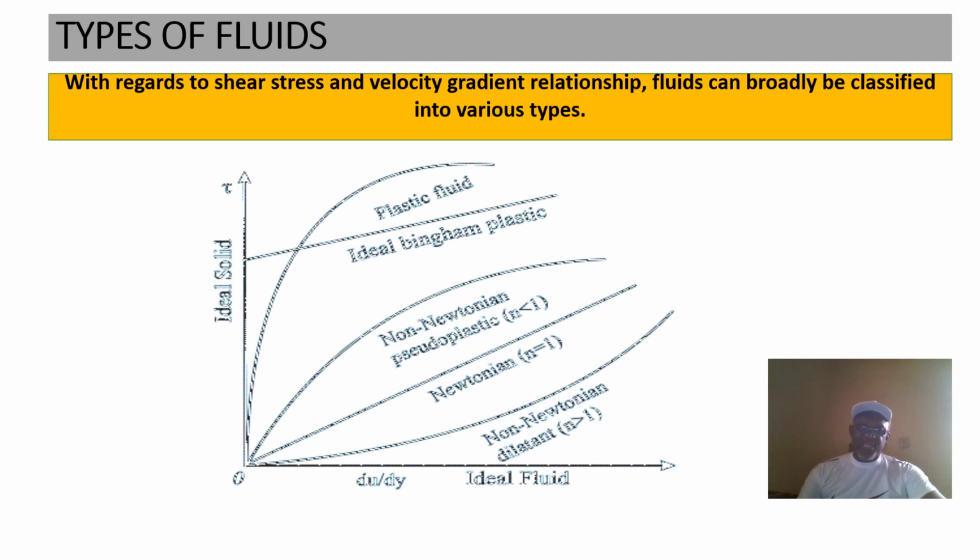Of course, look at the chart. This chart shows how the shear stress and shear rate varies for any of these particular fluids. You can see some of them are curved, some are straight line. Newtonian fluid is passing through the origin. Ideal Bingham plastic fluid is not passing through the origin, and so on.